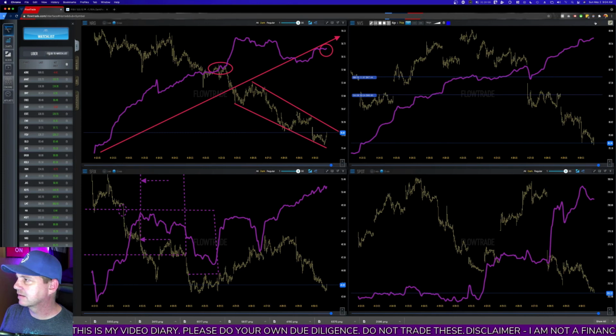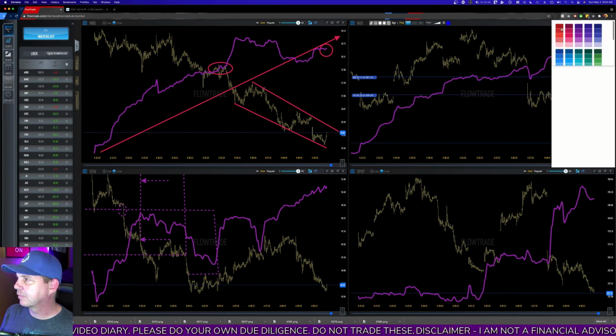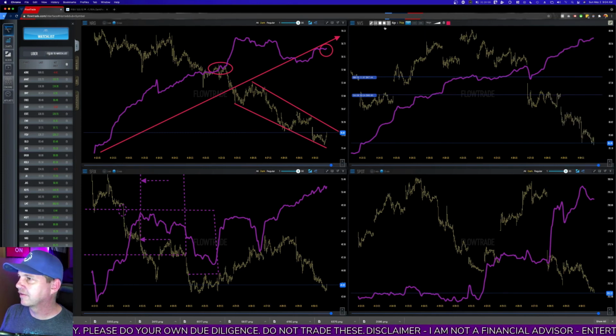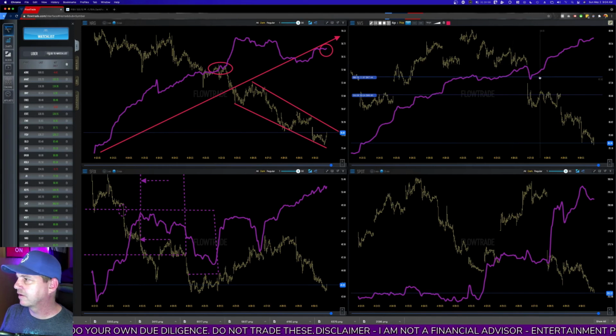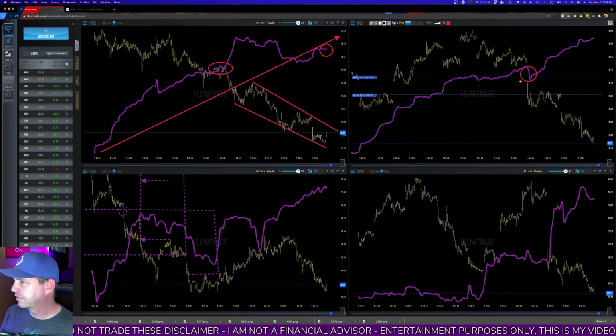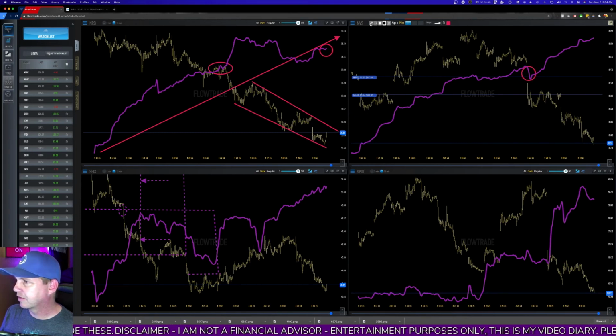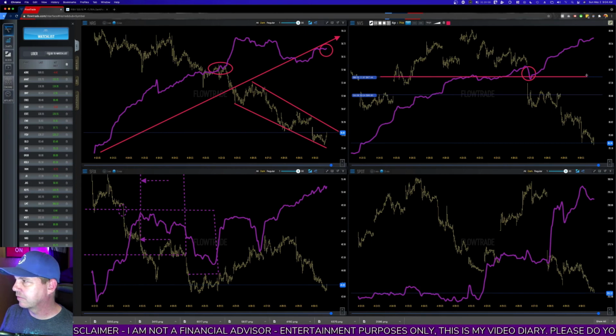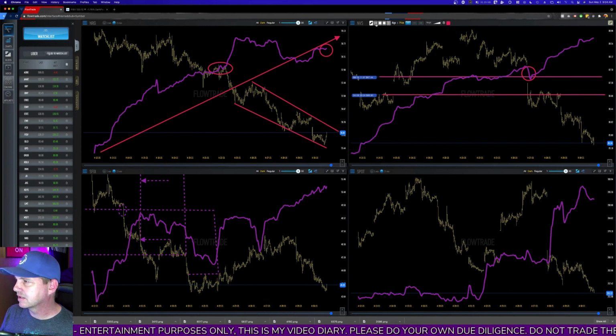NVS, another one that's got good looking divergence setup. Got divergence here. We've also got a block trade level right at the 87.44. We've got another one right at 86.65. That's definitely going to provide resistance.